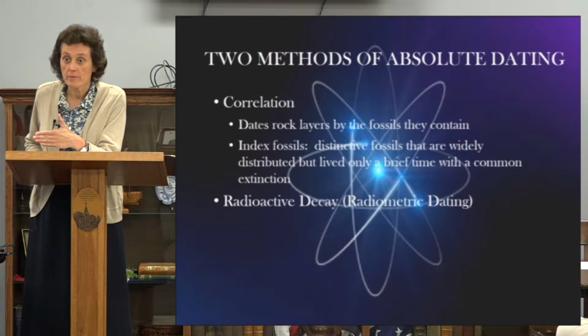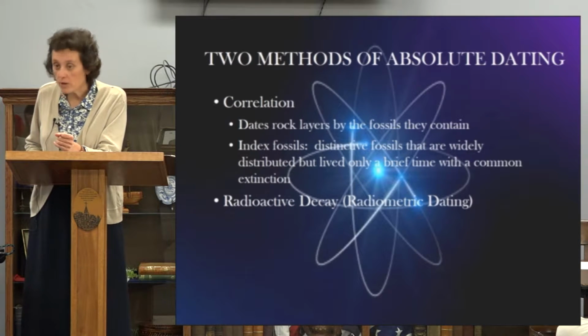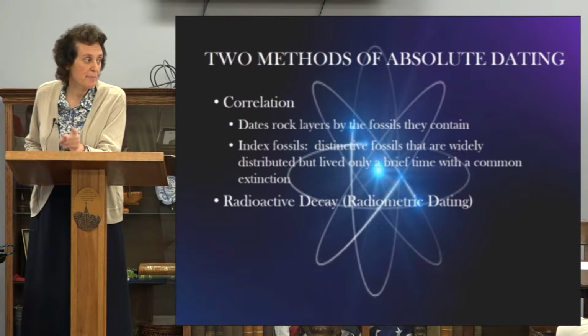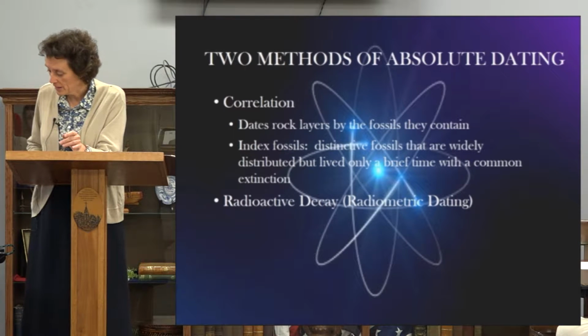A number, an actual date or age. So correlation is still the top dating method. Correlation is not relative, it is so-called absolute, because we will assign an age or a date to the event or to the fossil or to the rock layer.